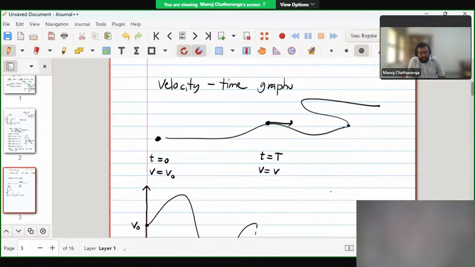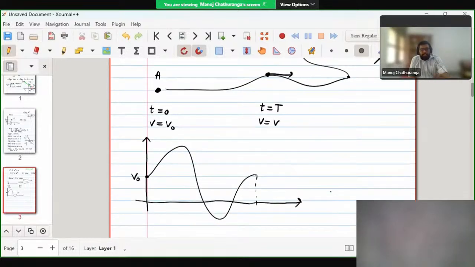At this point, it changes its orientation and comes backward, something like this. Some object moving in this way. Now, can somebody tell me how we can measure the acceleration of this object?